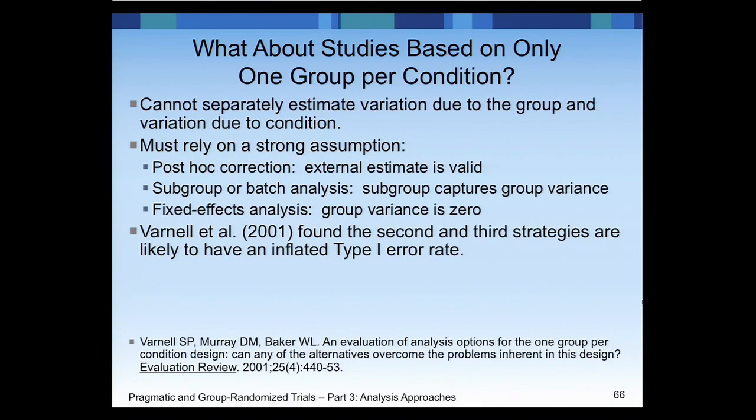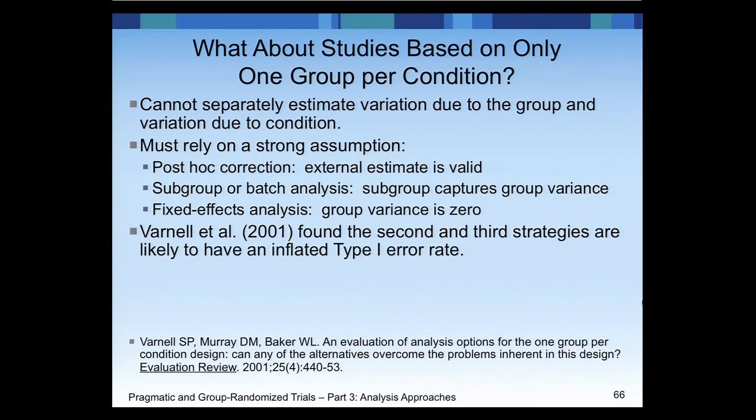But the statistical question is, how do we separate the variation associated with the group from the variation associated with the condition? And the answer is we can't when there is only one group per condition. So the city itself is completely confounded with treatment assignment, and we don't know if any effect that we're observing is a result of differences between San Antonio and Kansas City or differences between treatment and control.